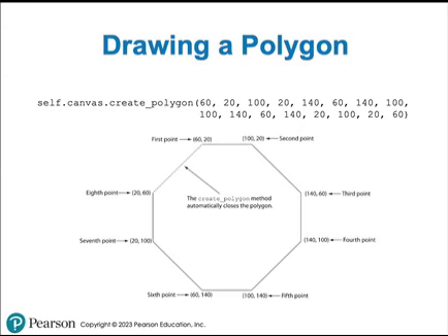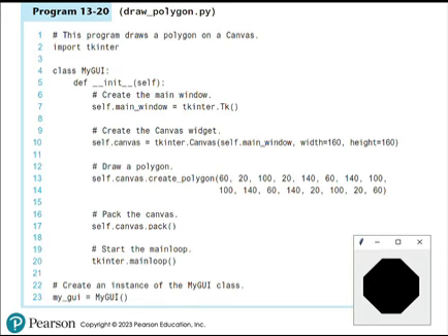So you specify the points, and then when you call create polygon, if you didn't start and stop in the same place, it is going to close the polygon for you. So here's a solid polygon, which it looks like is the default, and you're specifying coordinates, packing the object, and then displaying it on the screen.